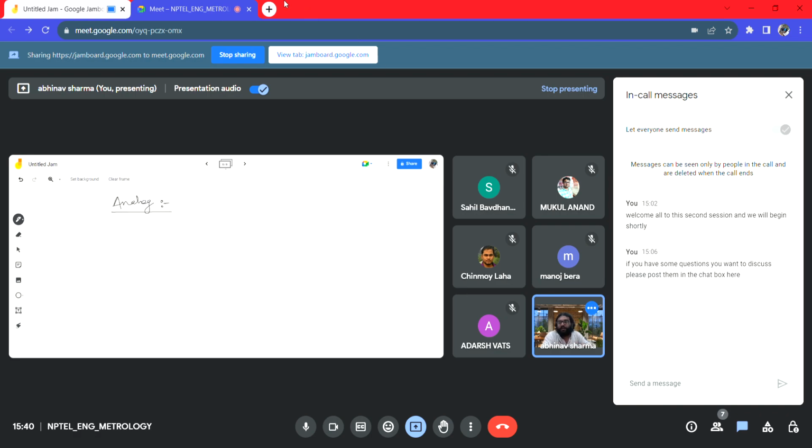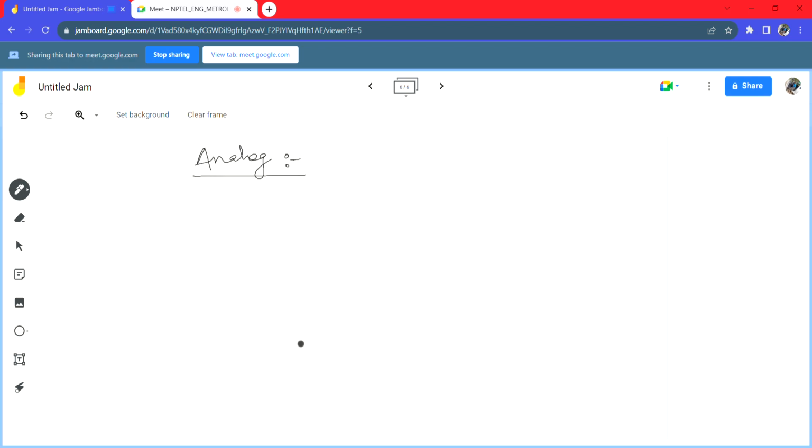Okay, so first let us understand this word analog, and then we will come to digital, and then let's see how this value actually applies to the instrumentation systems or the instruments. So as many of you have told, this can be the example for an analog device.